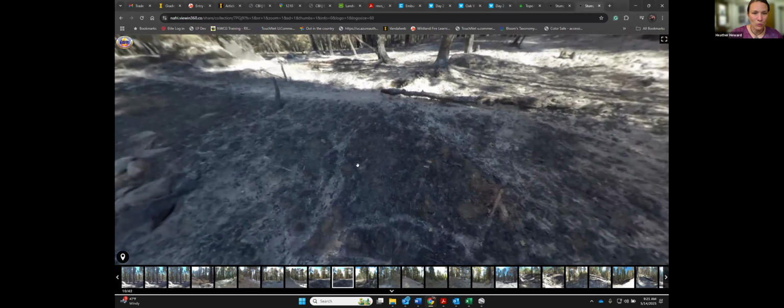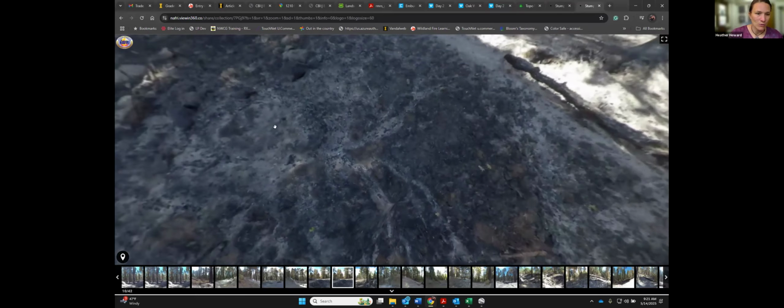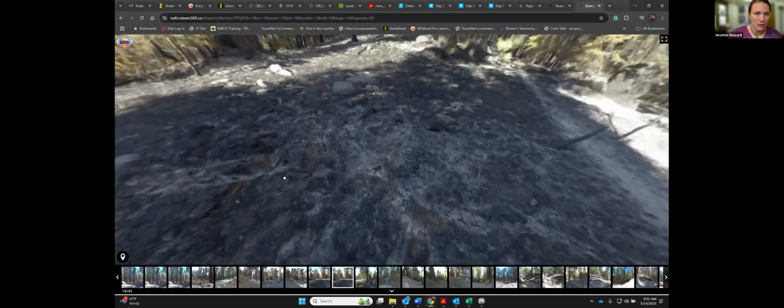You can see where the sticks were on the ground and those are now consumed. We got a stick remaining here. This was clearly a log, and we've got some duff and litter left.